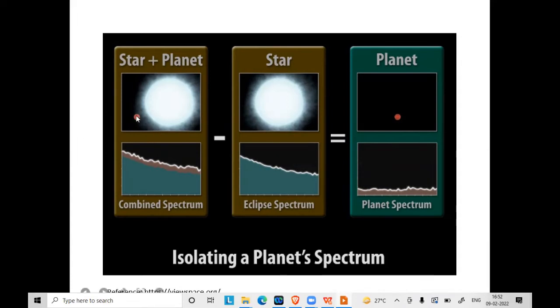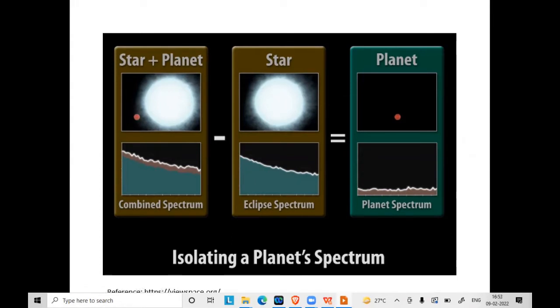When the planet is not blocking the star, you are gathering the light coming from the star and also the light coming from the planet. Then as the exoplanet revolves around the star, it can go behind the star, right?